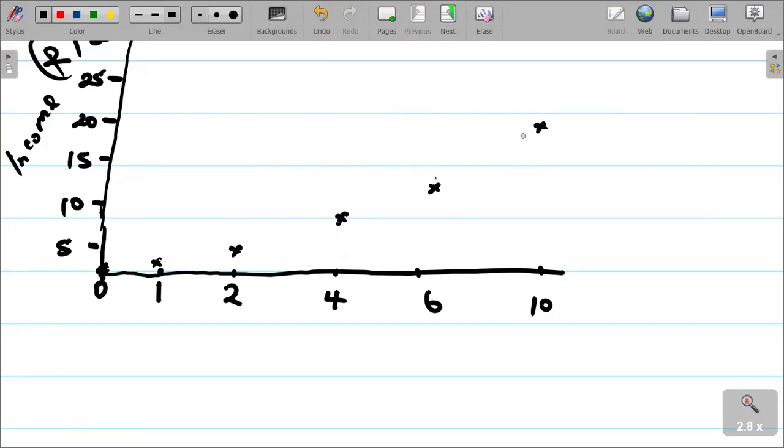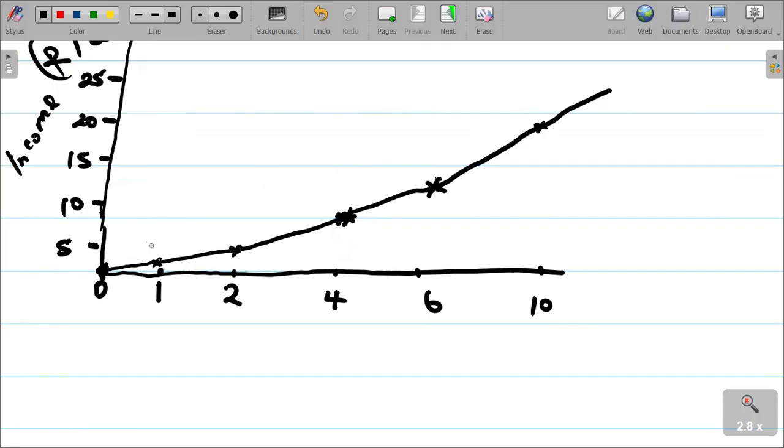So I can just join my points. I just have to join my points here, there we go. My points are, you can see them.